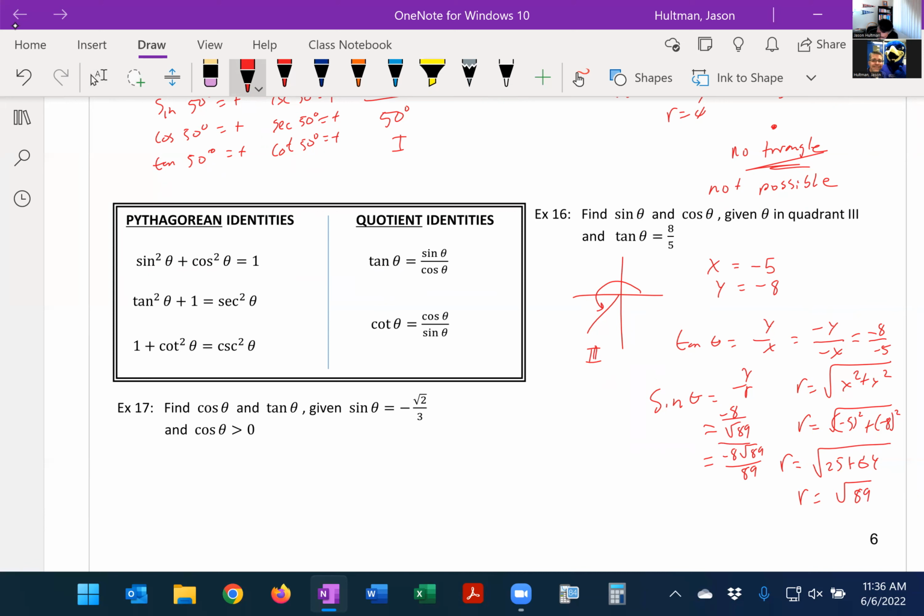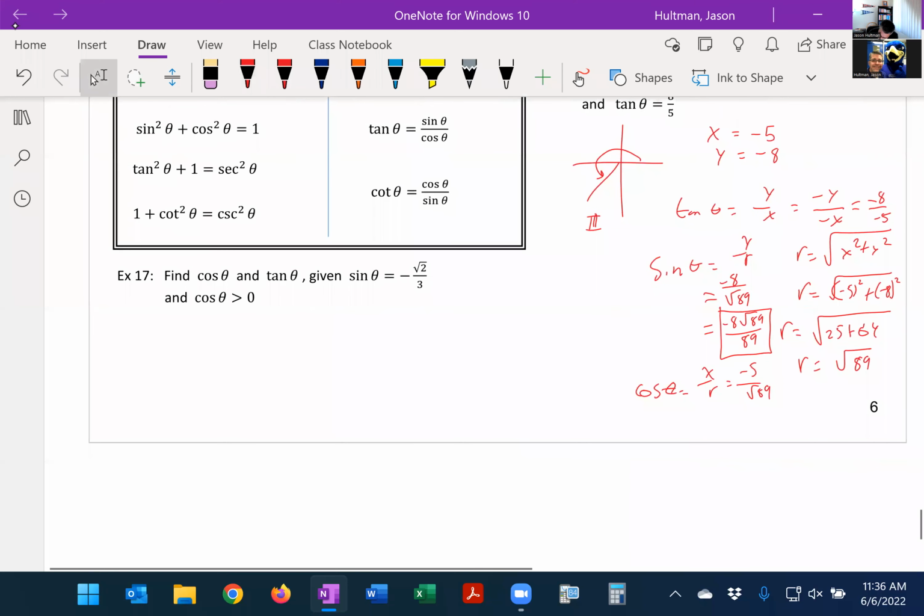So we get that as our sine value. And then cosine is just going to be x over r, which is going to be -5 over radical 89, which is going to be equal to -5 radical 89 over 89 when we rationalize that denominator.